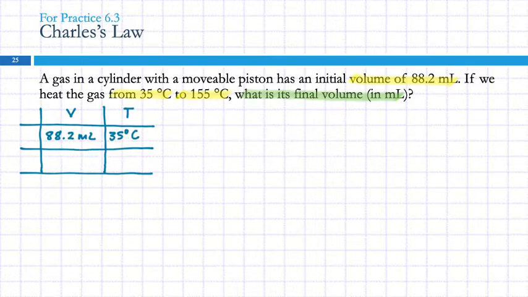I'm going to call that row number 1, and I'm going to call the other row number 2. The temperature is going to go from 35 to 155. And we should end up with one empty box. And we're going to call that V2.